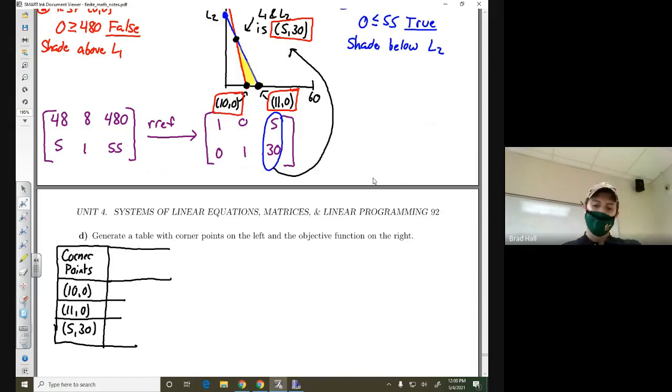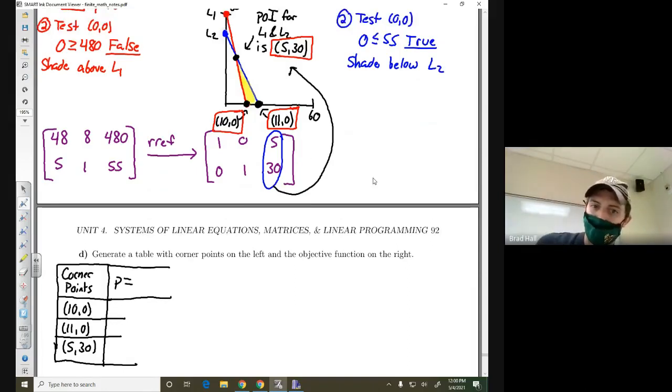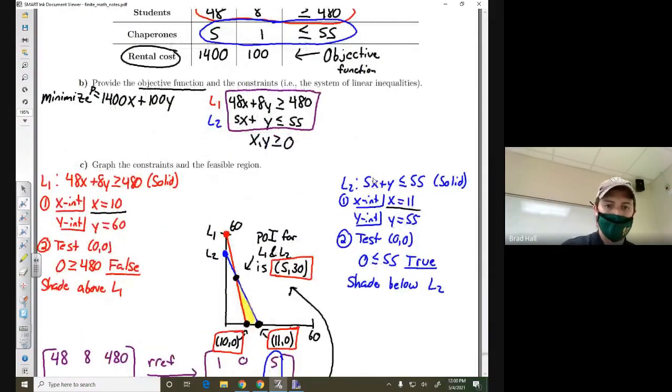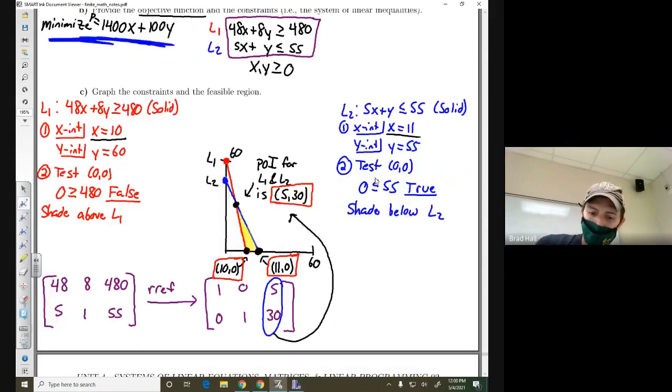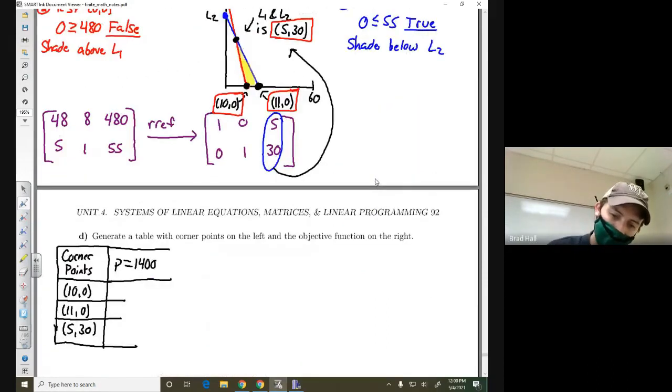Now the objective function, we remind ourselves, we found this in the very beginning. It's that function we want to minimize, 1400x plus 100y. 1400x plus 100y.